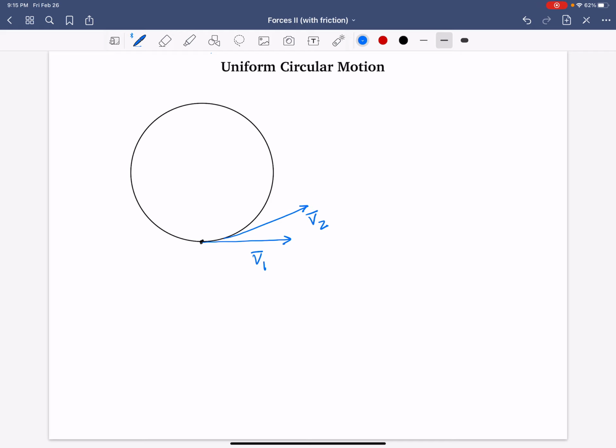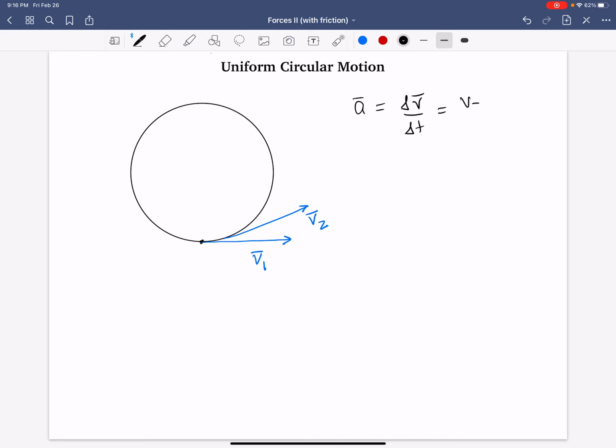And because this is an object's velocity, because that changes, what do you call the type of motion, or what do you call it when a velocity changes? That's an acceleration, right? So let me do it in black here. So the acceleration is defined as a change in velocity over a change in time, right?